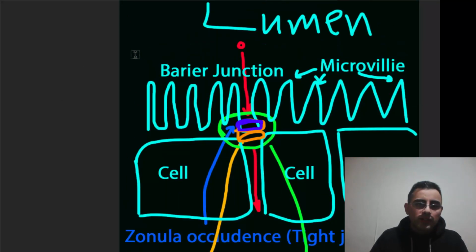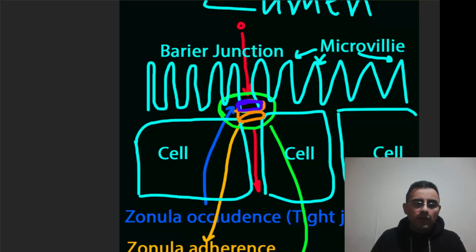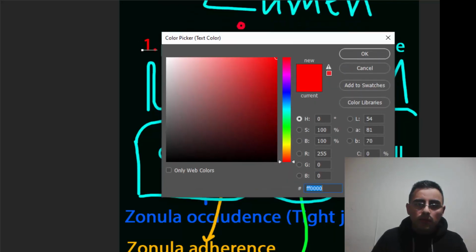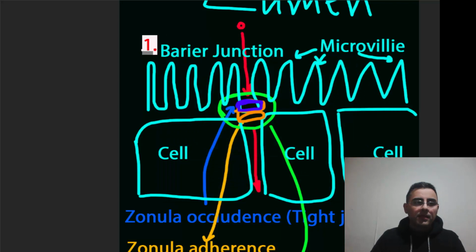Okay, very easy. We already discussed two types of cell junction. First was the barrier junction. The barrier junction has two types. The first type was zonula occludens, also known as tight junction, and second is zonula adherens. I want to paint this in blue.